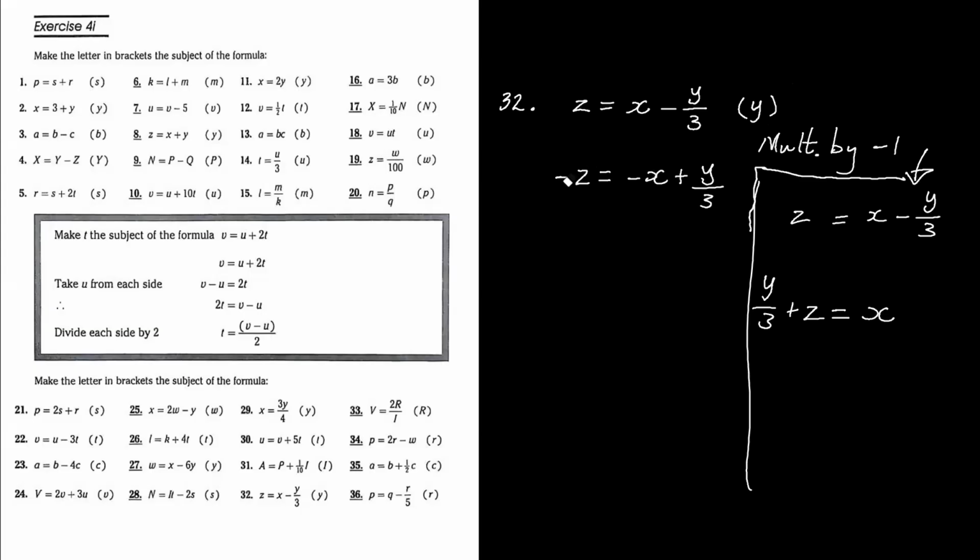And you then said multiply by -1, so you'll have negative Z, negative X plus Y over 3. Then what did you do next? You see, you're making Y the subject of the formula, so you had to remove your X and then your 3.